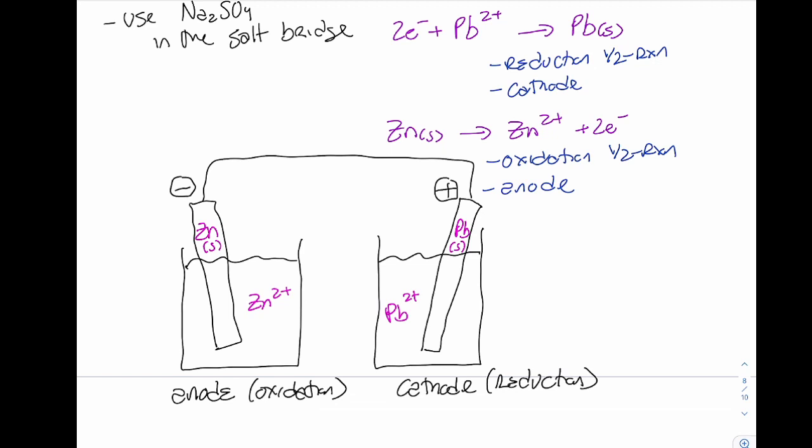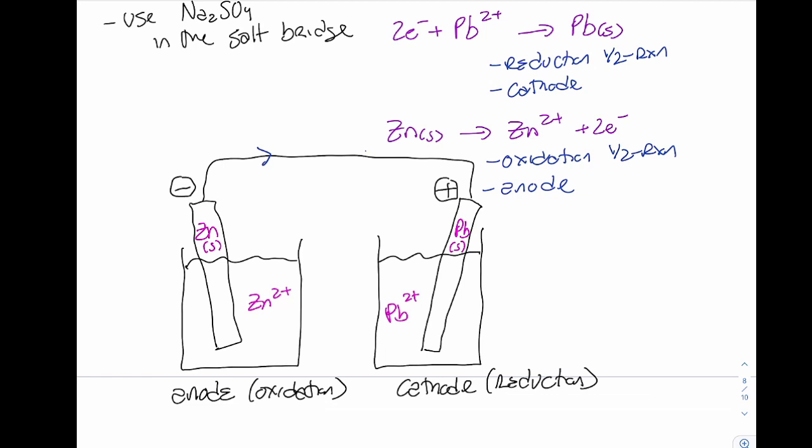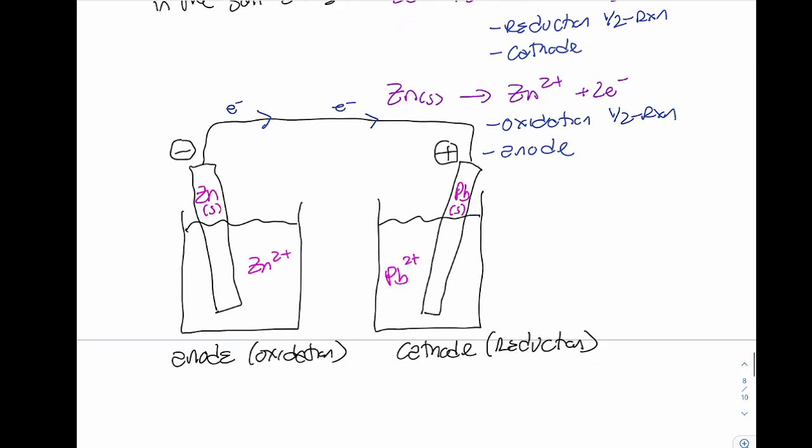My electrons are moving in this direction, right? They're going from my anode to my cathode. This is the zinc solid going to zinc 2+ plus 2 electrons, and then those 2 electrons are adding to lead 2+ to produce lead solid.